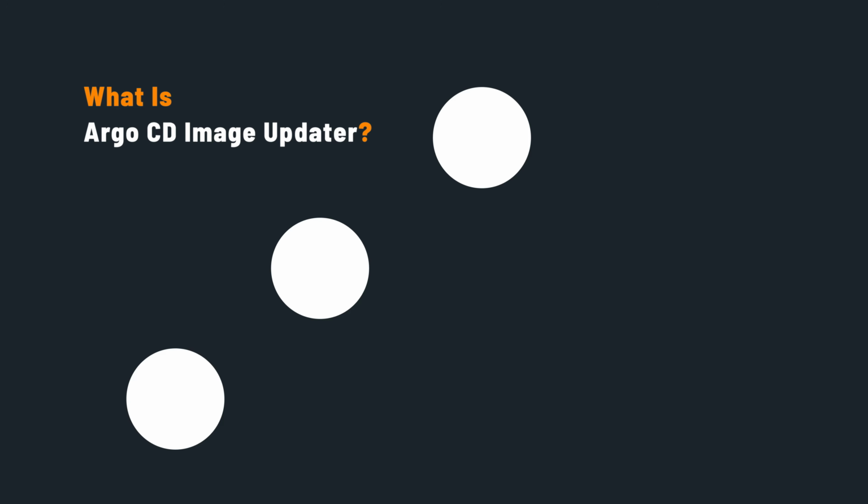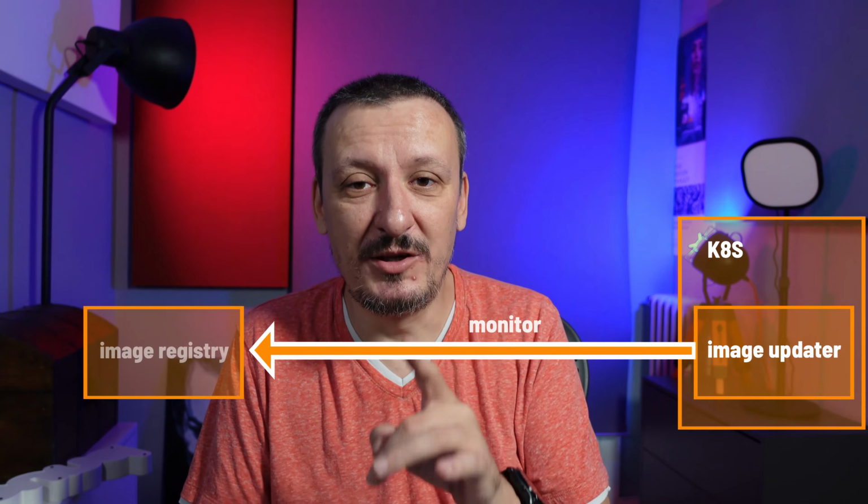Let me show you how you can streamline part of your processes or remove part of your processes from pipeline by using Image Updater. I will soon jump into the demo, but for now, let me give you a brief overview of what it does. Image Updater will monitor your container image registry.